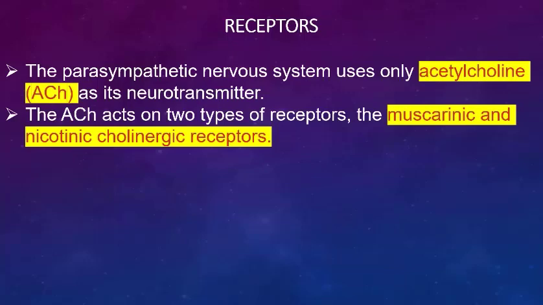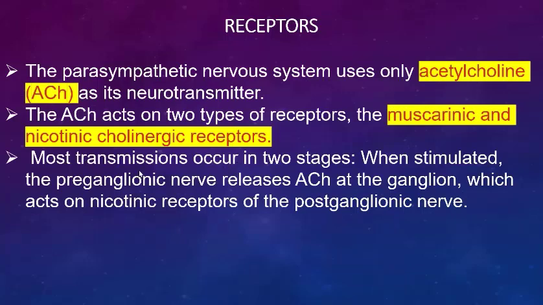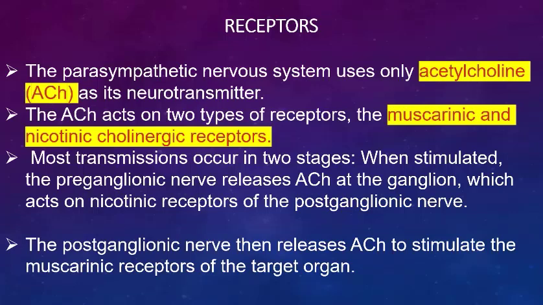We know that any receptor which responds to acetylcholine is called a cholinergic receptor. Most transmission occurs in two stages. When stimulated, the preganglionic neuron releases acetylcholine at the ganglia, which acts on nicotinic receptor of the postganglionic neuron. The postganglionic neuron then releases acetylcholine to stimulate the muscarinic receptor of the target organ.